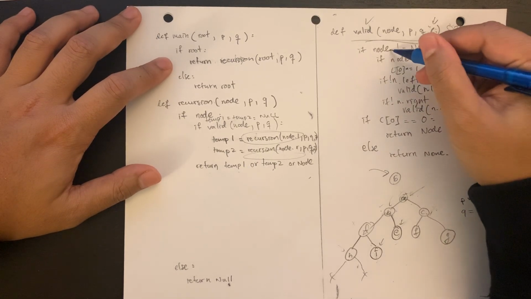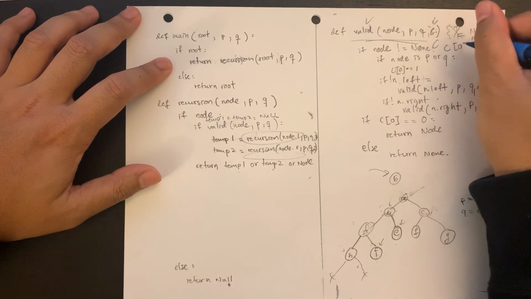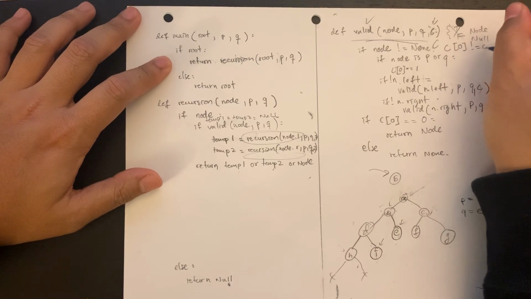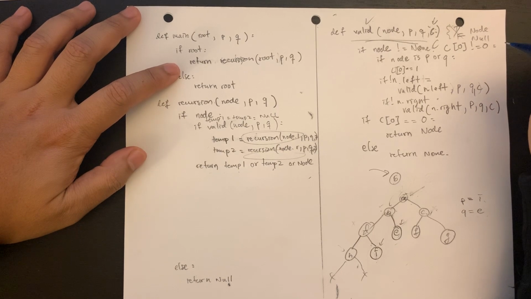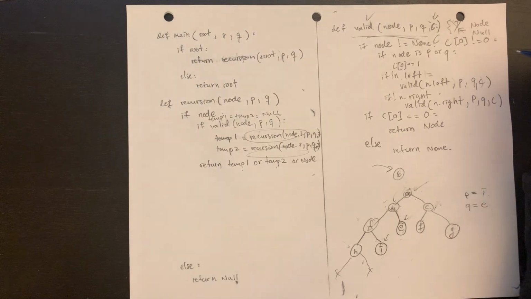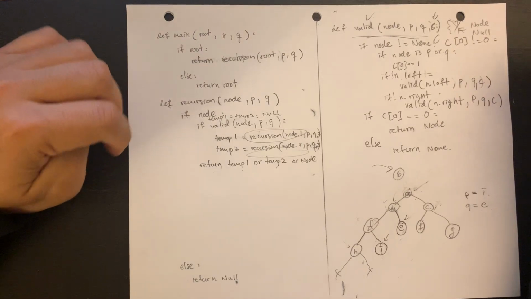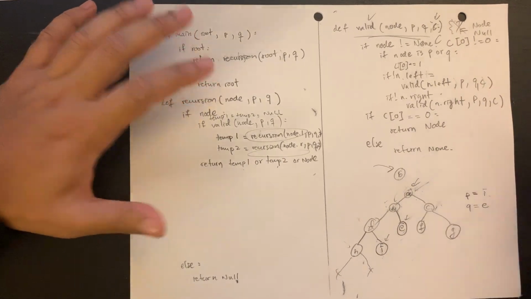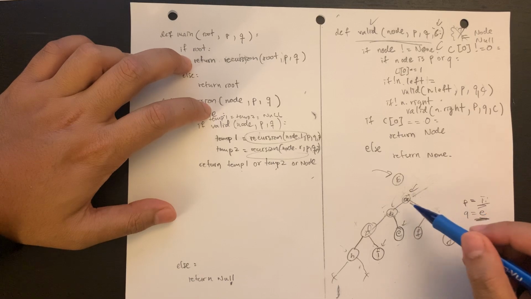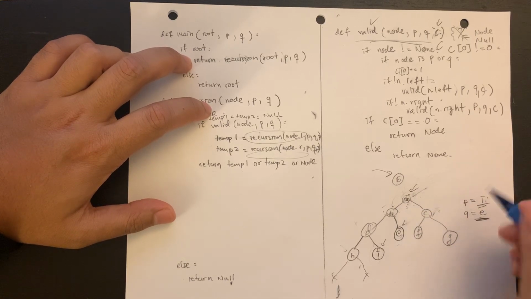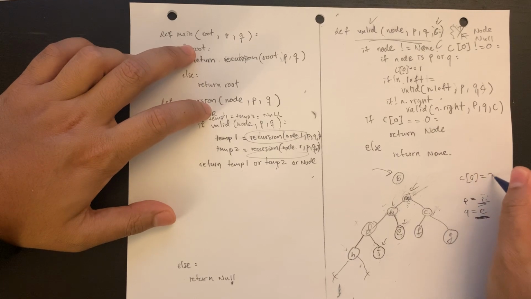We can modify this if it's null, it's none, and C of 0 is not 0. So in the case of A, we start with A, and P and Q are I and E. So initially C of 0 is 2.